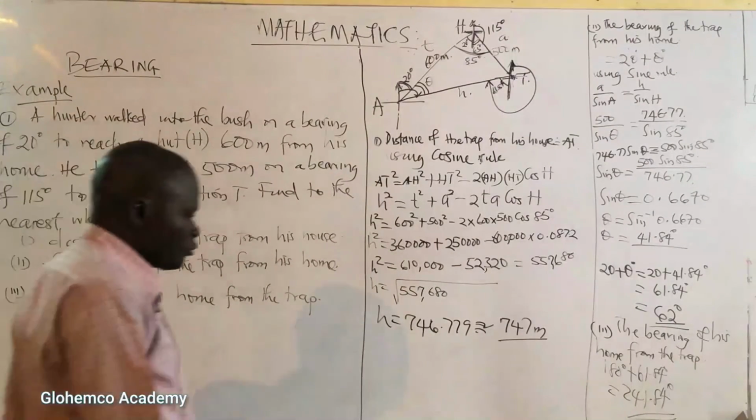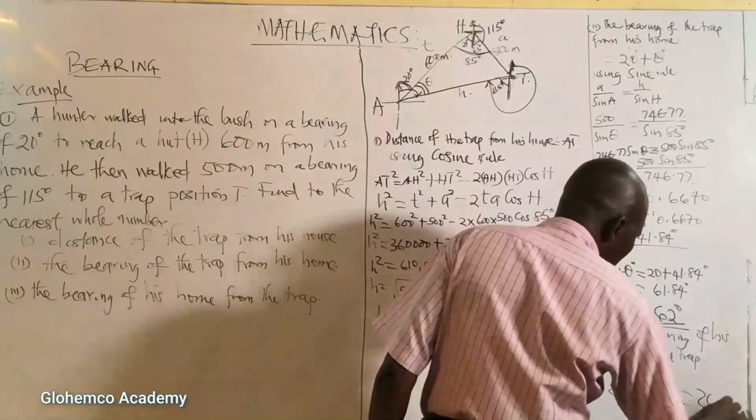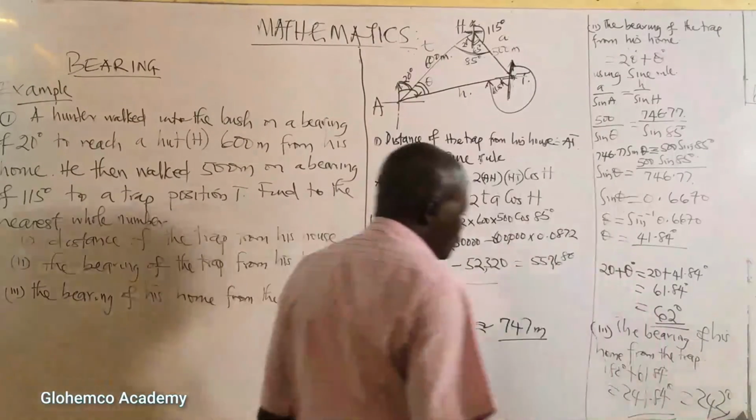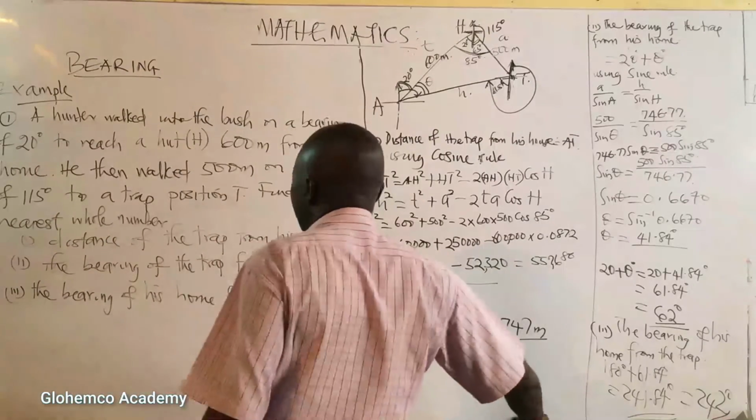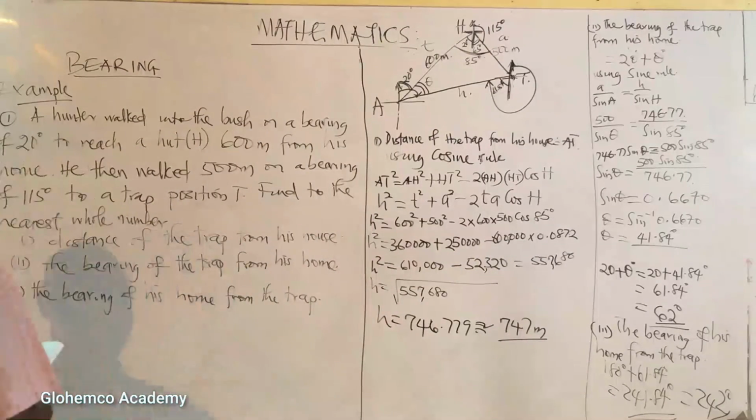By the time you approximate it, it will give us 242 degrees. So this is how to calculate the bearing as far as this question is concerned.